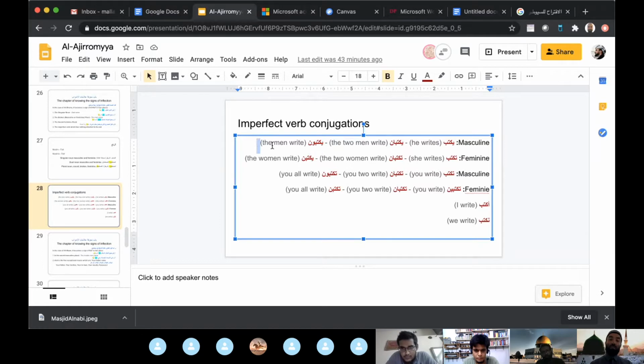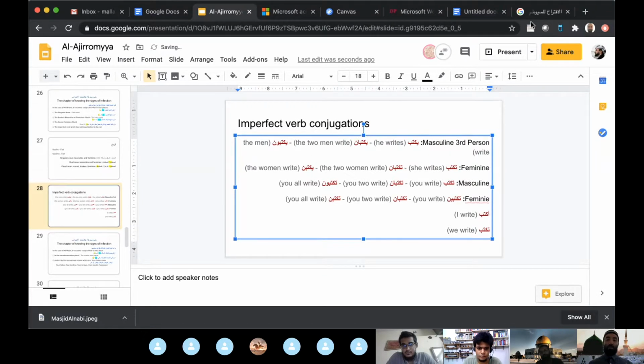Let me actually add one more thing here: masculine. Third. Does everyone know the difference between 1st, 2nd, and 3rd person?